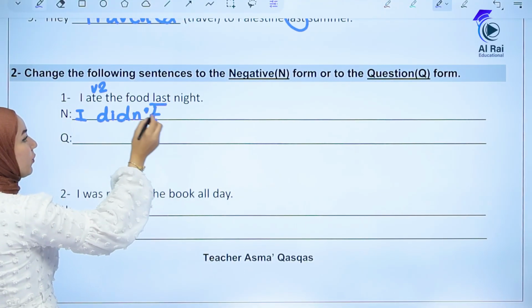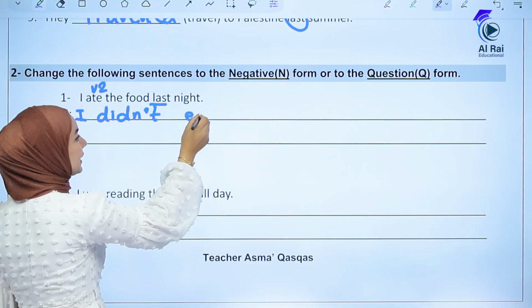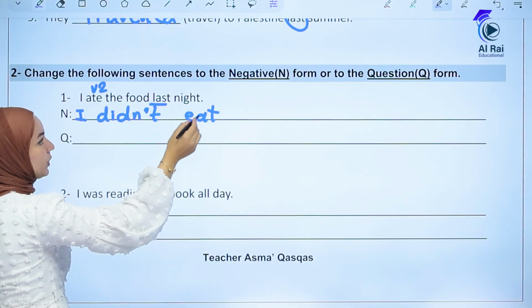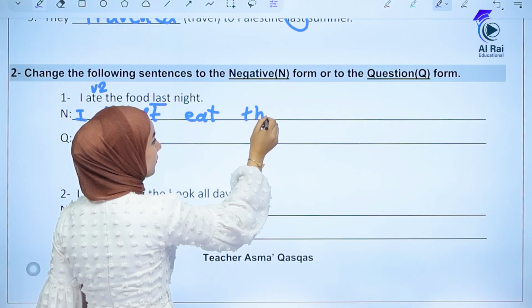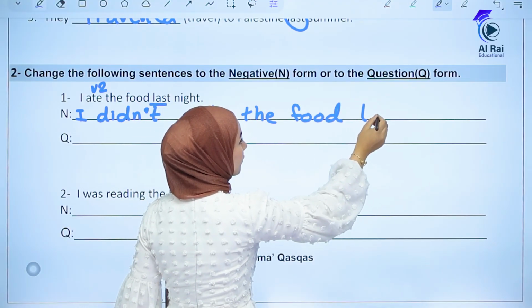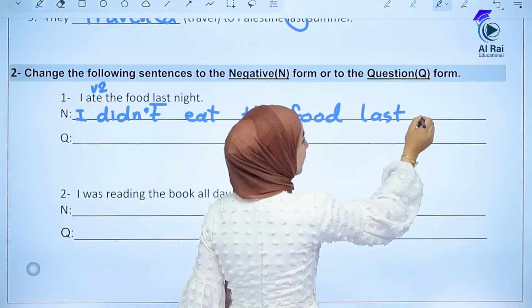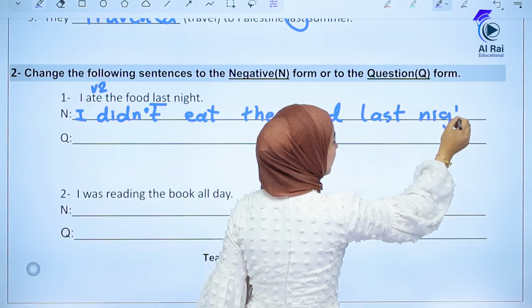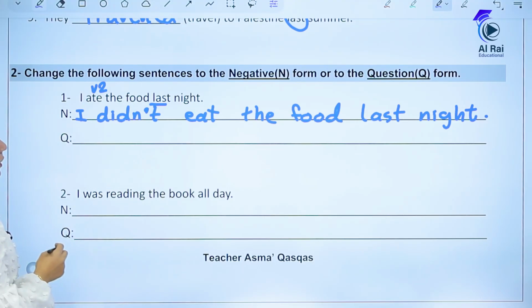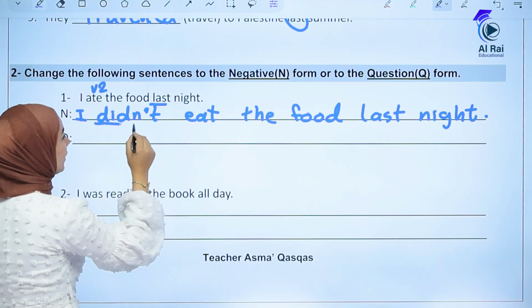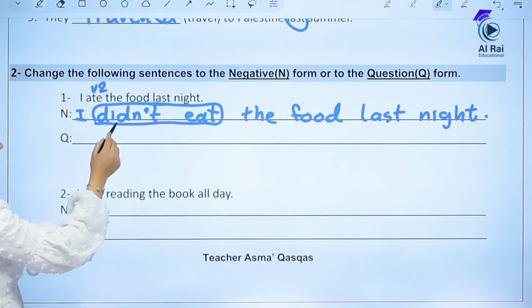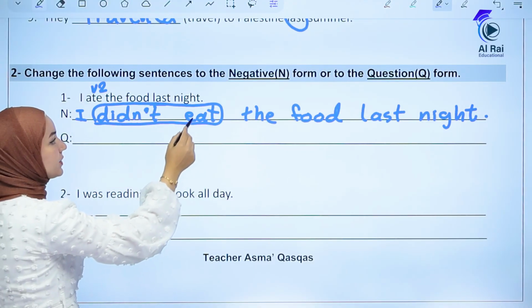So what is the verb 1 of eat? It's eat. Then complete the sentence, okay? The food last night. Don't forget to write a full stop at the end of the sentence. Good. So here I changed only this part. Okay, so I added didn't as a helping verb plus verb 1.